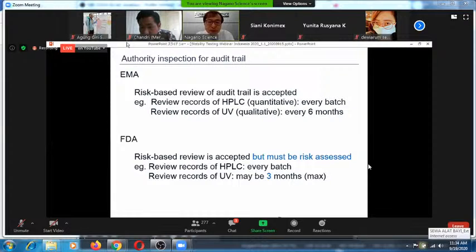But when the US FDA comes, they usually say risk-based review is accepted, but HPLC every batch is okay, while the review of UV records is maybe a maximum of 3 months, maybe 1 month. That is the US FDA's feeling. So there is some difference in risk feeling between the authorities.